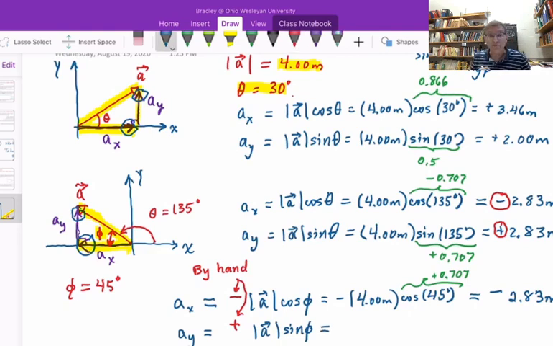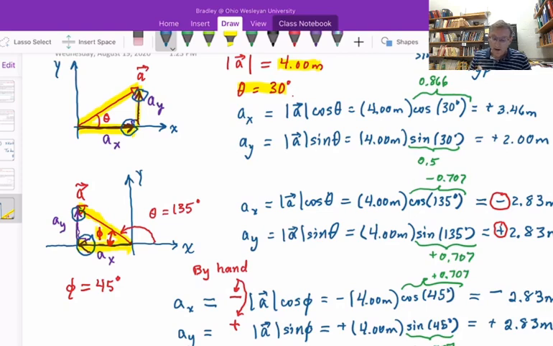The sign is positive. So that's positive 4 meters times the sine of phi, which is 45 degrees. And you can check with your calculator, but the sine of 45 is equal to the cosine of 45, 0.707. But this one's now going to be positive. You get plus 2.83 meters, like we did in the first method.